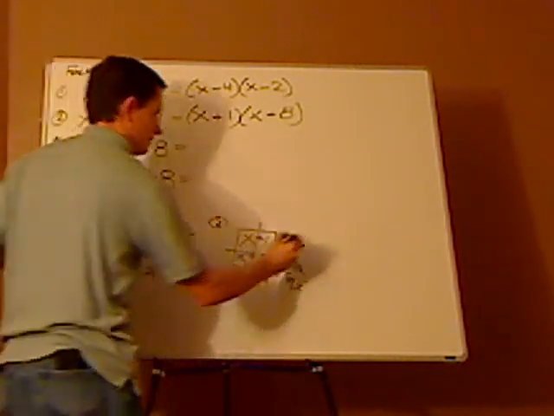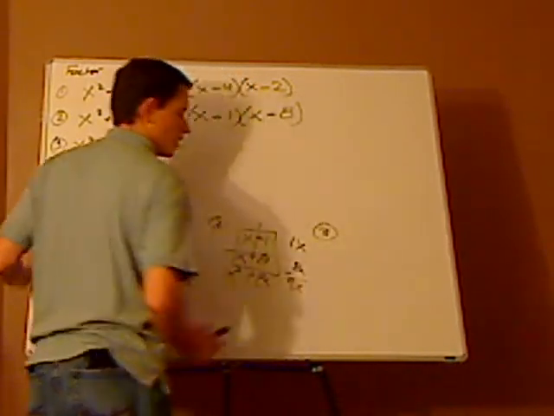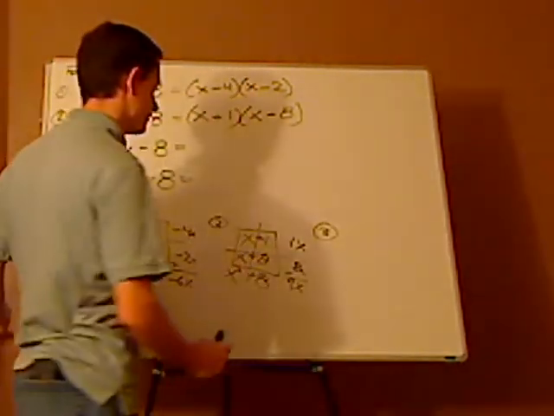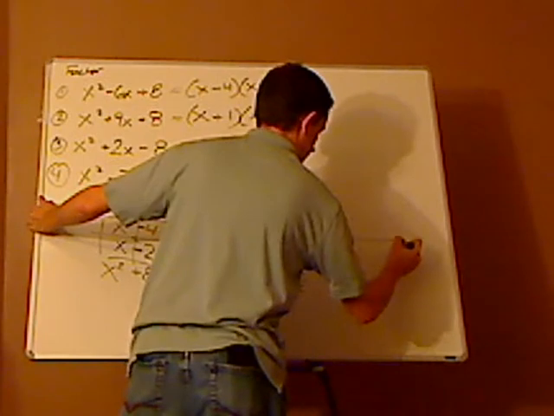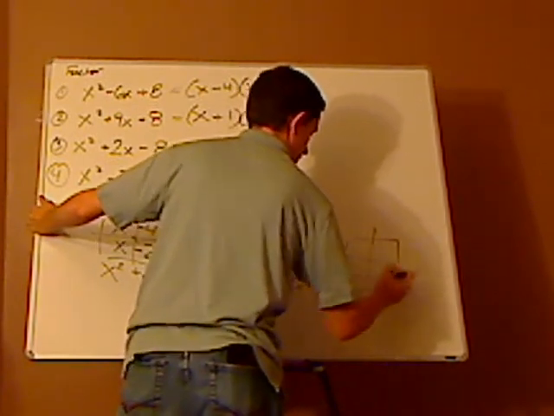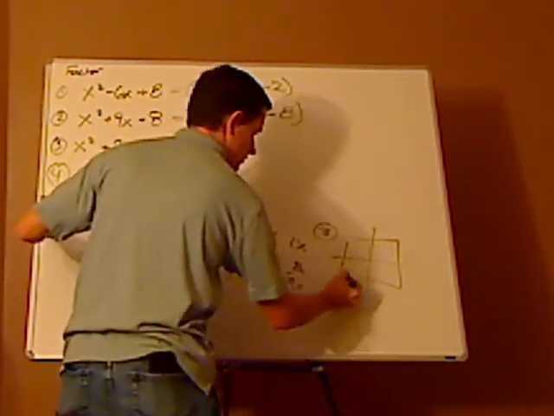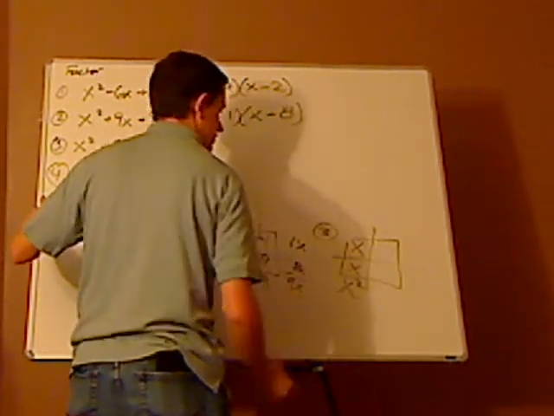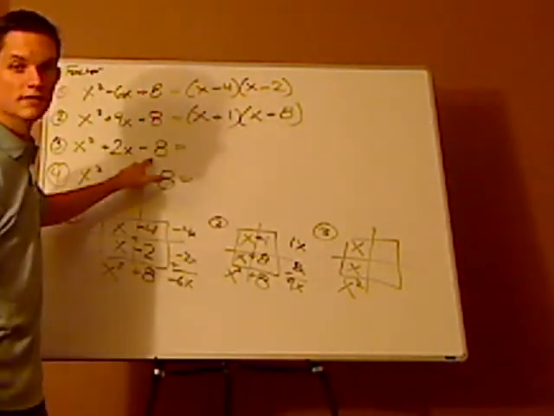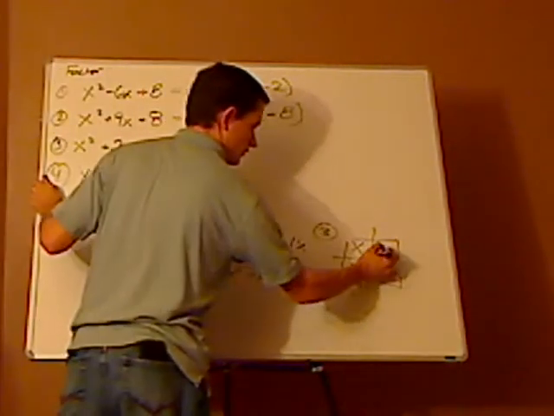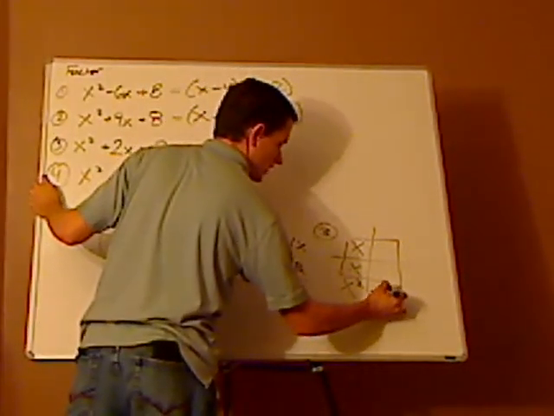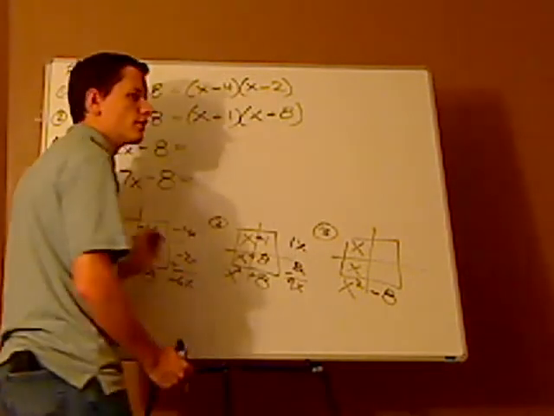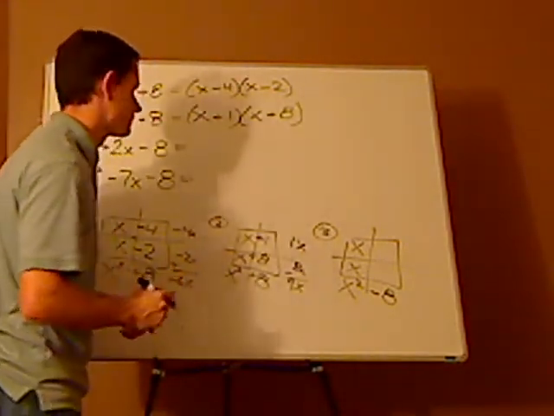Now for the third one, I set up my box again. First is this times this, which is going to be x squared, so it has to be x and x. Now I have a negative 8 here. So this times this has to give me a negative 8. So now we're not looking for a sum, we're looking for a difference.